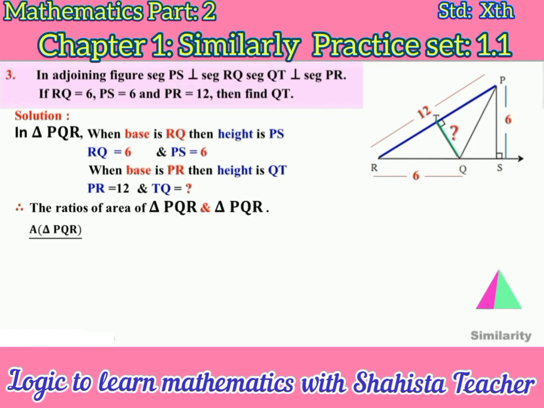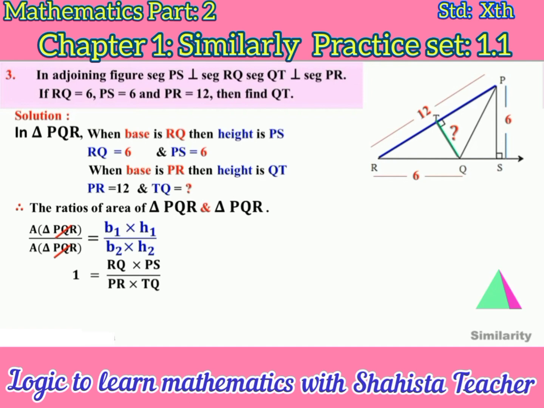That is why area of triangle PQR upon area of triangle PQR is equal to B1 multiplied by H1 upon B2 multiplied by H2. Two triangles are given, that is why PQR is repeated. Now PQR and PQR get cancelled, so here we have 1. Now B1 is RQ and H1 is PS. B2 is PR and H2 is TQ.